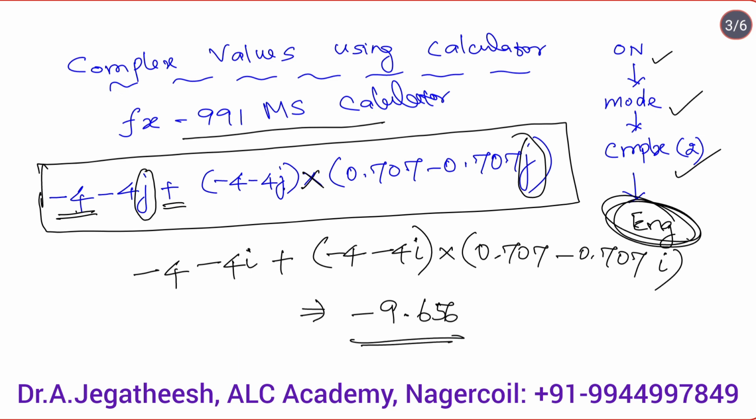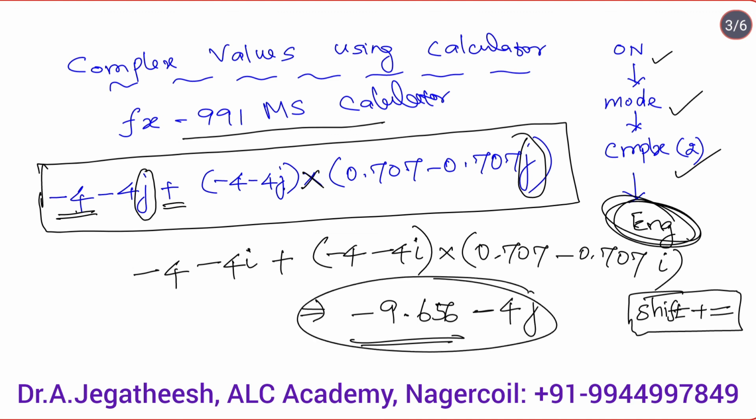If you press shift and then the equal button, shift plus equal shows the imaginary part. Here the imaginary part is minus 4i. You can use j here. So the answer is minus 9.656 minus 4j for this complex term. Thank you.